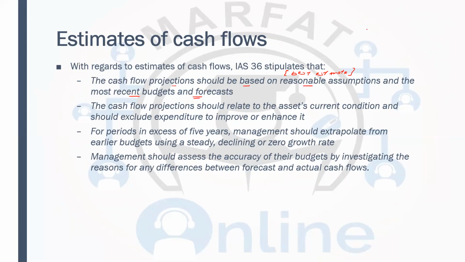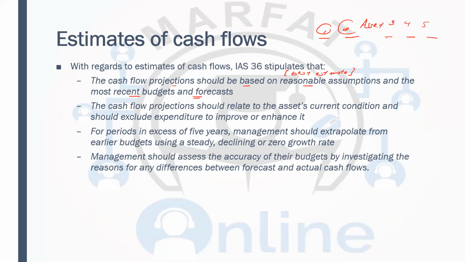For example, I'm having an asset and I've already used it in the previous 2 years, in year 1 and year 2. Now I am assessing the impairment, and for that, I need the future cash flows. So we have year 3, year 4, year 5. Let's assume we are going to take the cash flows of 3, 4, 5 years.